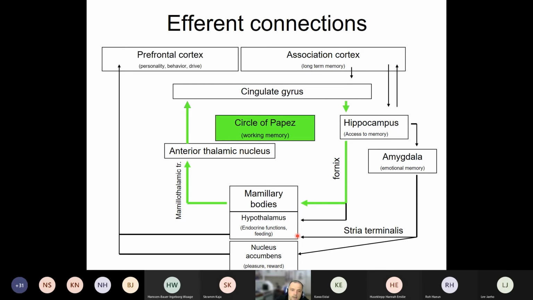From here, we go into the prefrontal cortex, which has the personality, the behavior, and also the emotional drive, in a way that if you can initiate and start to perform something, it depends also on the prefrontal cortex and how you behave in a certain situation. And this is also controlled indirectly by the limbic system and by the amygdala.